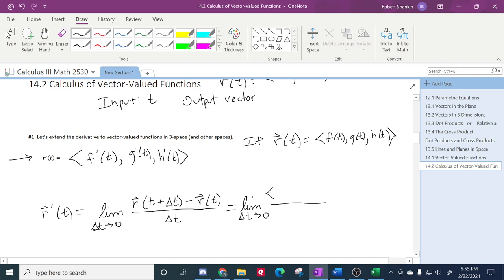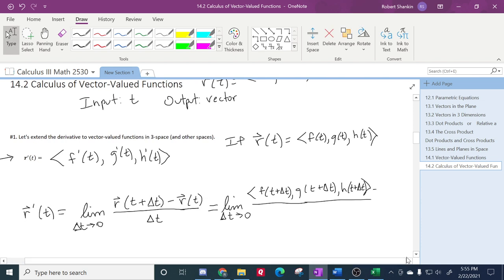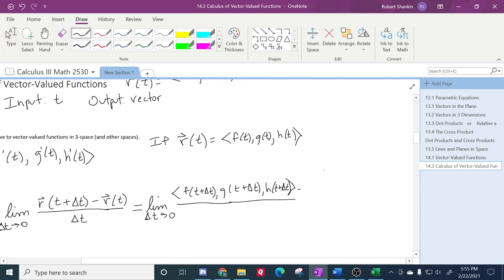And the first component part would be f of t plus delta t, g of t plus delta t, h of t plus delta t, minus, and then slide this over, f of t, g of t, h of t, over delta t.